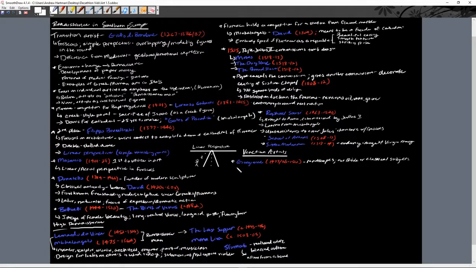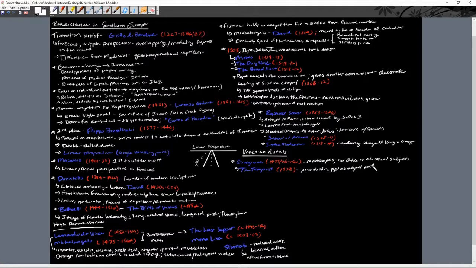The painting they want to focus on here is The Tempest, which he makes pretty late in his life, in 1508 or around that time. It is very unique because prior to this, we typically have the figures as the subject matter, the people as the main focus of the art, and not the landscape.